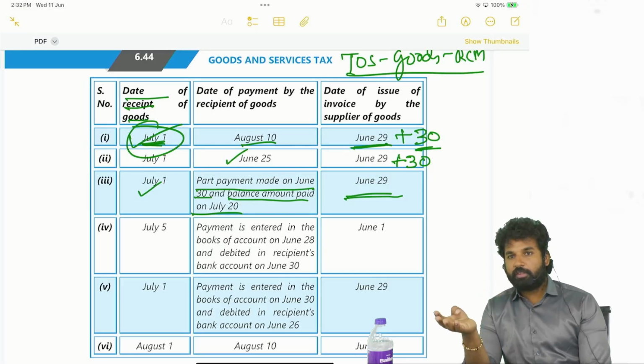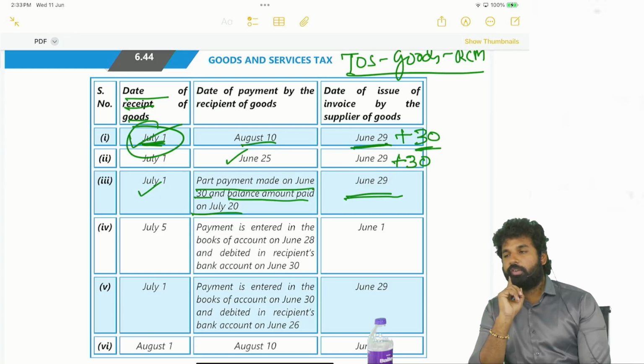With services, under forward charge and under reverse charge, in both cases, however many payments there are, that many times of supply. But in case of forward charge, goods, only one time of supply. There cannot be more than one time of supply because date of payment is irrelevant.